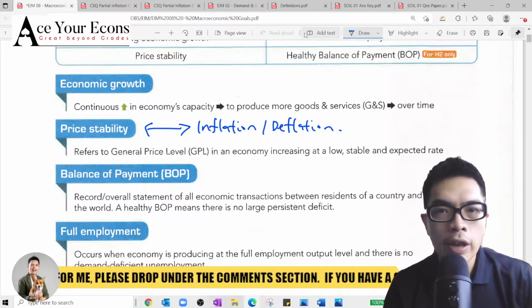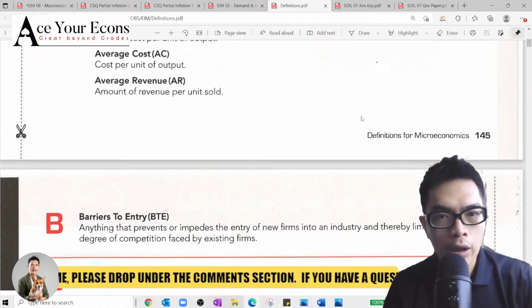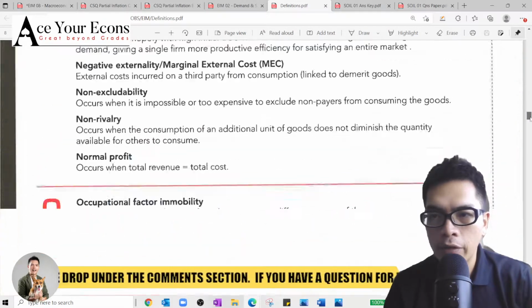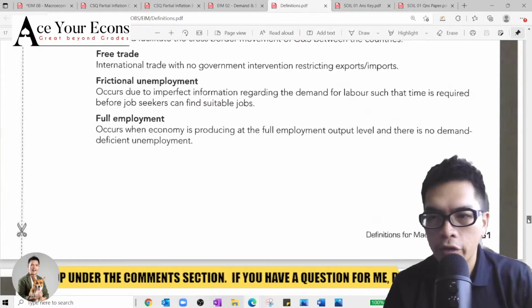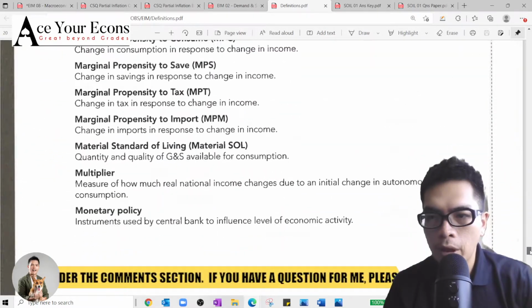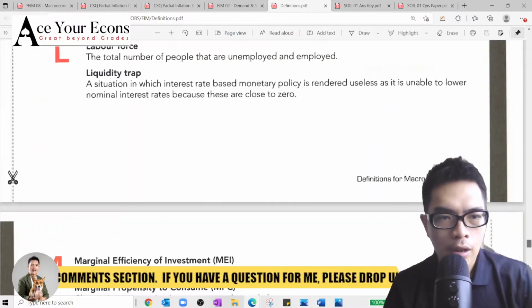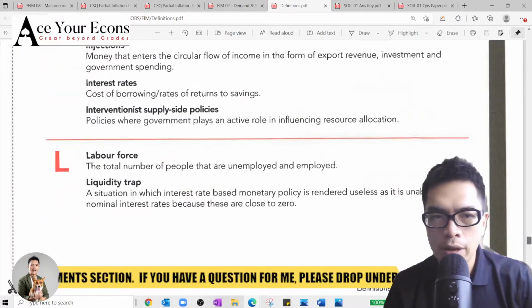The definitions can be found in the book, under the macro side. I believe it's page 165. Is it 165? Page 163.